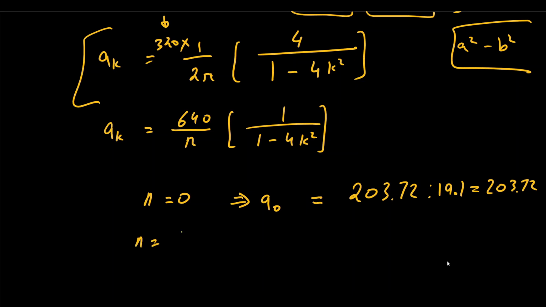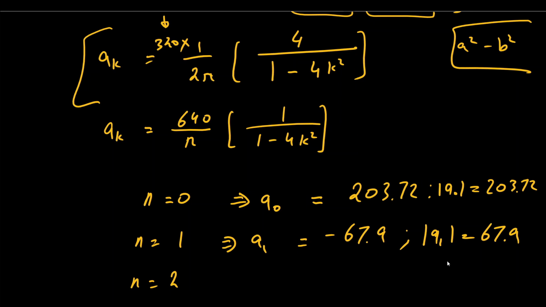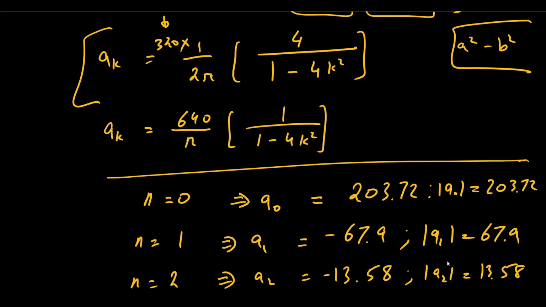For the first harmonic, a1 is minus 67.9 and its absolute value would be positive, that is 67.9. And similarly for the second harmonic, we have a minus 13.58, and for that the absolute value of a2 is having the positive value. So these are the harmonics.